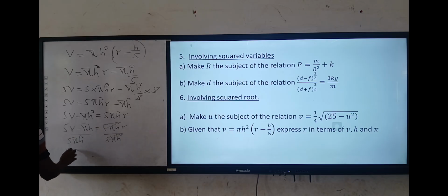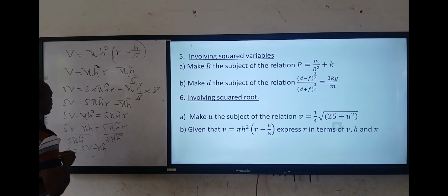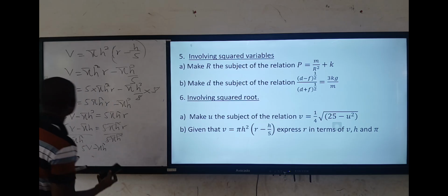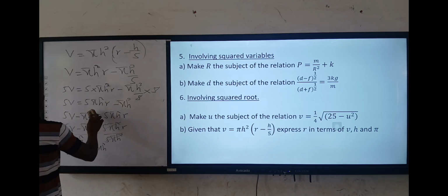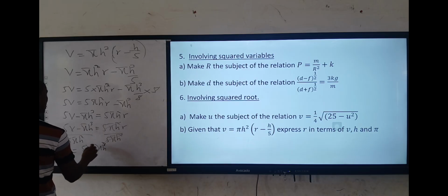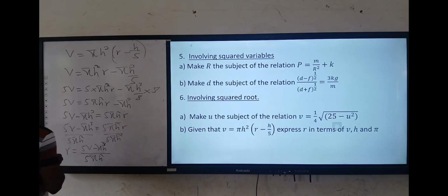So r is equal to 5V plus pi h cubed over 5 pi h squared. So this is the answer for the B.